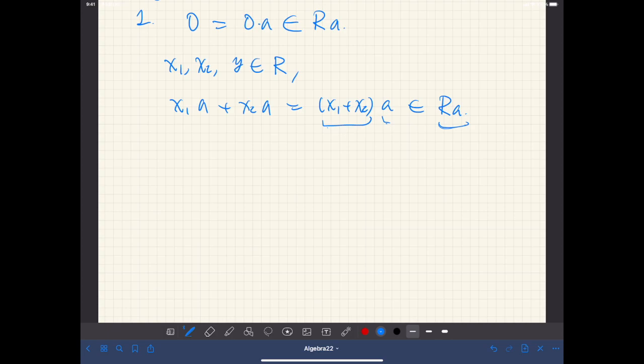And also negative y times a is clearly an element of Ra. Therefore Ra is a left ideal.